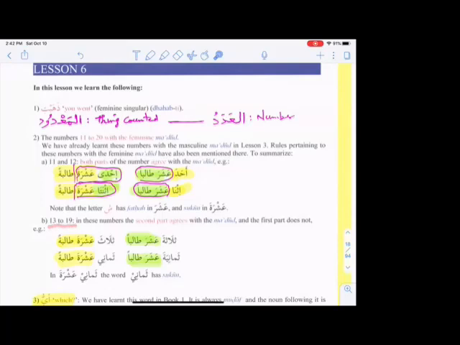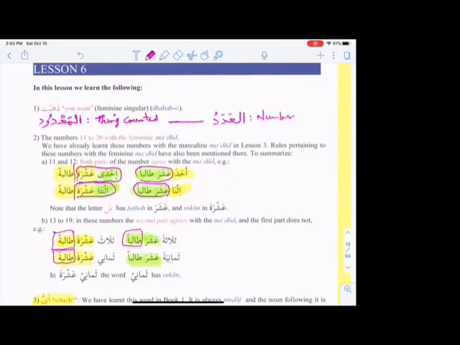Now we come to 13 to 19. See the thing here again, I will explain to you. The ma'dud is this, masculine, no, this is masculine, I beg your pardon.